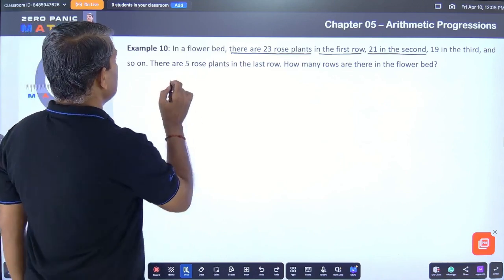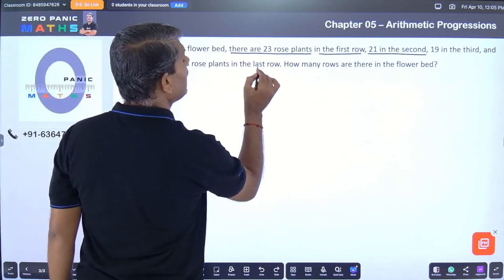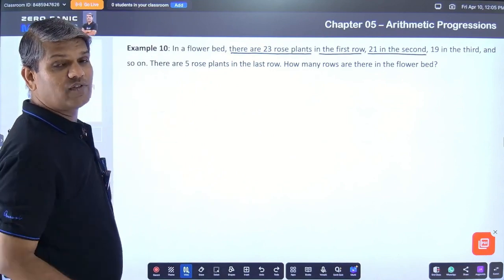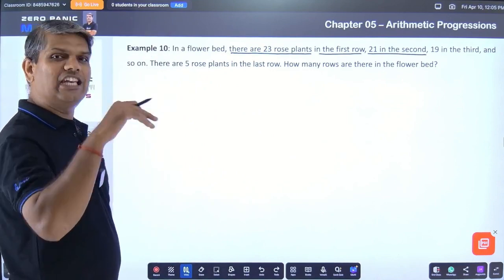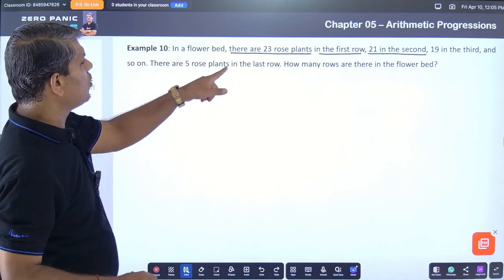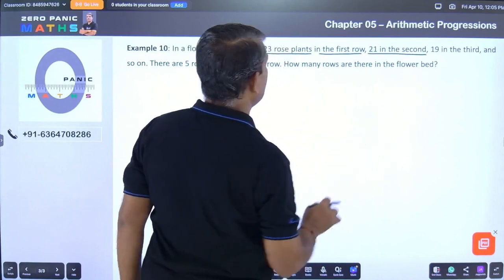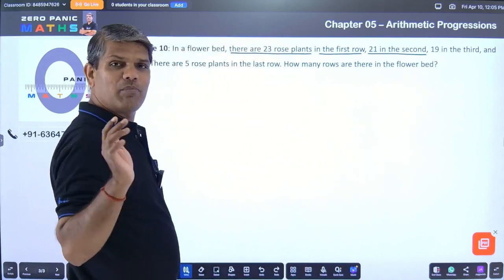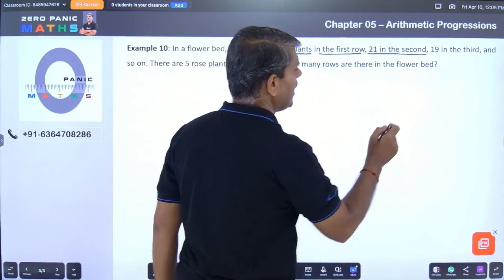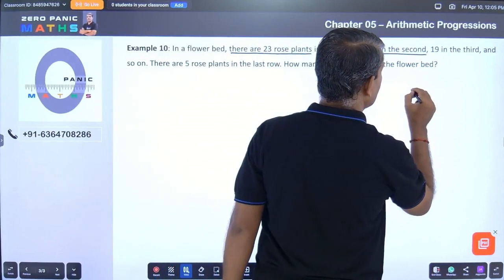There are 5 rose plants in the last row. So the value of AN is given. How many rows are there in the flower bed? That is what they are asking. Now assume that this is a flower bed.